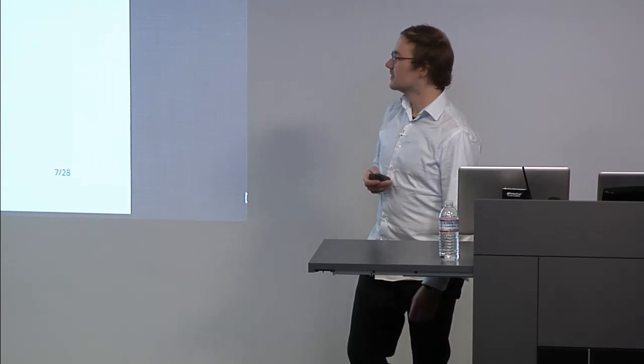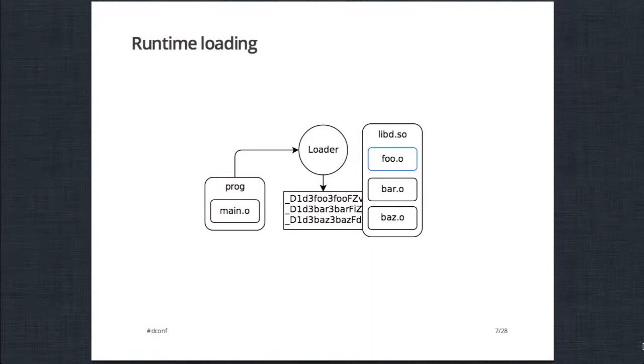Then there's runtime loading, where your program actually does not contain any reference to a shared library in advance, but it uses a loader to load shared libraries and access the dynamic symbol table of a shared library. So this is a means to pull out a function pointer of a shared library and actually call into it, and do that on a dynamic basis. So you don't have to know that in advance. You can do it kind of like in a scripting language, at runtime.